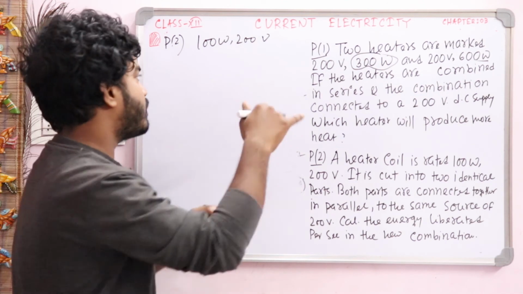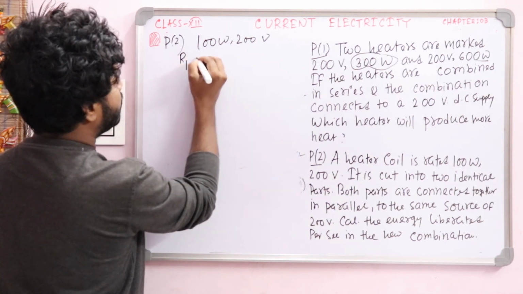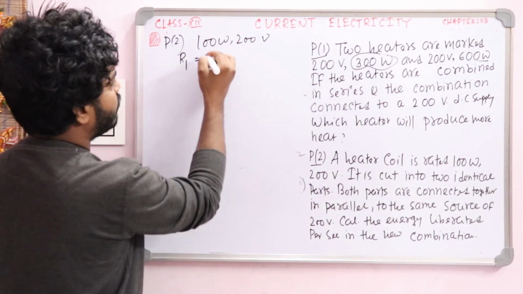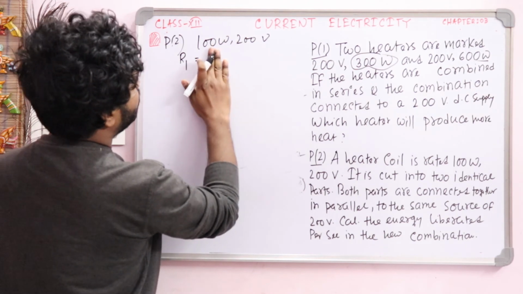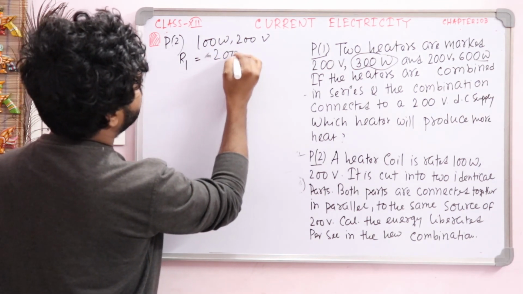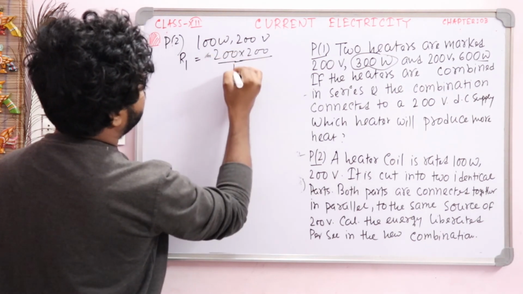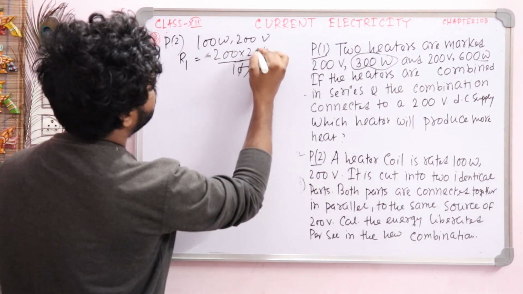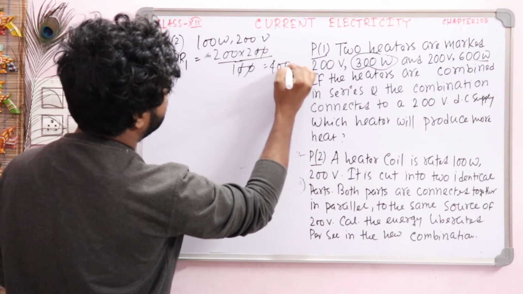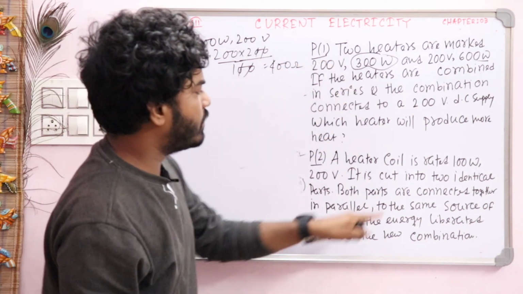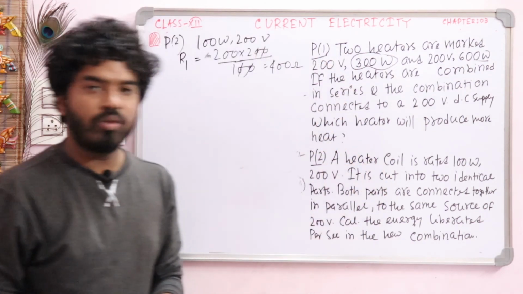Okay, so at first you find out the resistance. You know the formula, V square by P, that is 200 multiplied by 200 divided by P, that is 100. So this one is 400. So the resistance of this heater coil is 400.